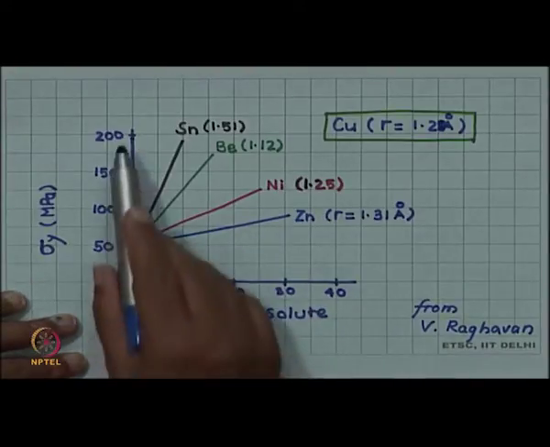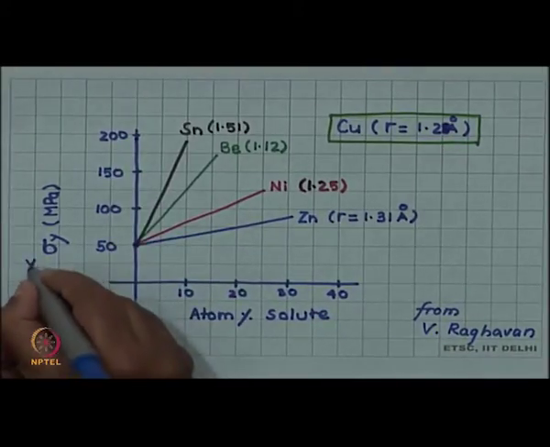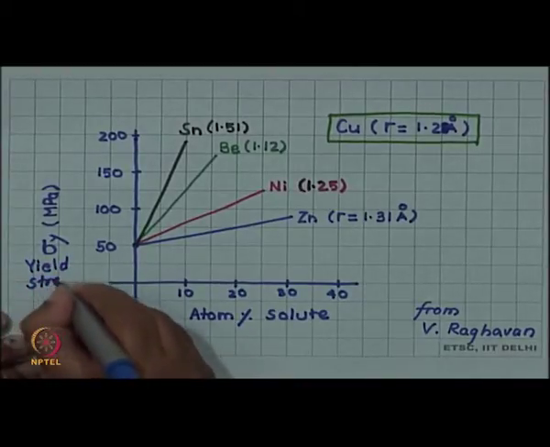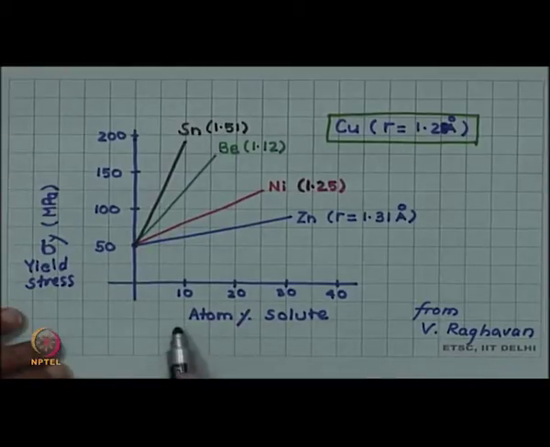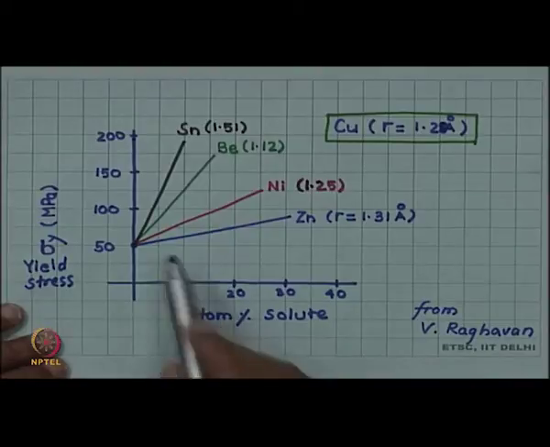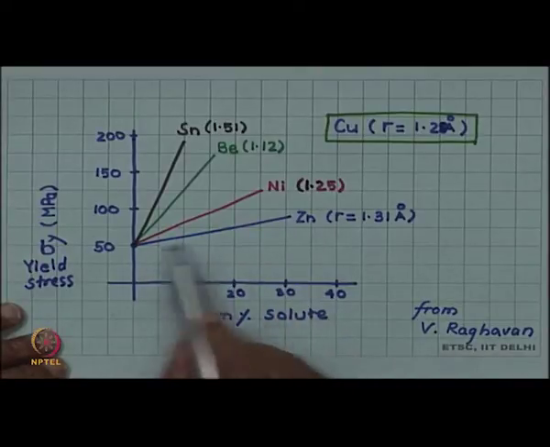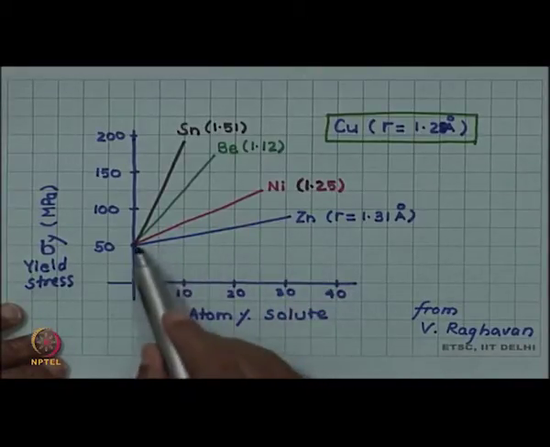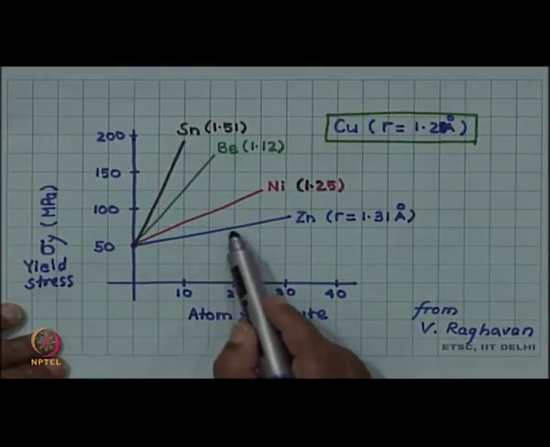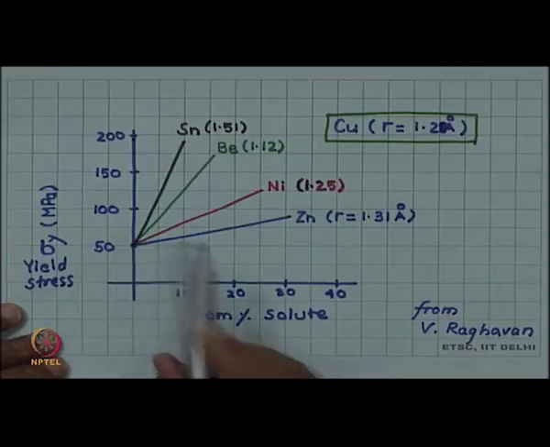In this plot, we are plotting the yield stress sigma y as the y axis and atom percent solute as the x axis. For any given solute, let us say zinc, if I am adding zinc to copper, as I increase the solute concentration, yield stress is increasing.